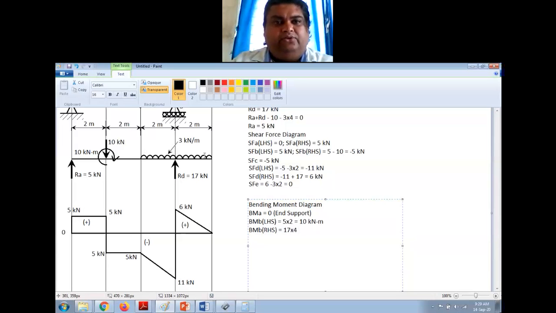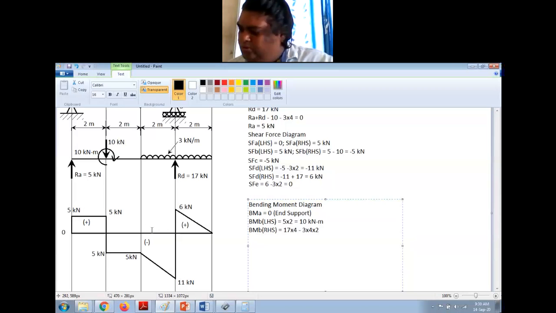And I have this UDL which is acting downwards, so that will be minus 3 into length, this is 2 meter and this is 2 meter, so it is 4 meter, and I am assuming it acting at the midpoint here. So into 4 by 2, or let's write 2. There is nothing more than that, because this force is acting on that point itself and this moment is also acting on that point. So I'm not considering both of these, right?